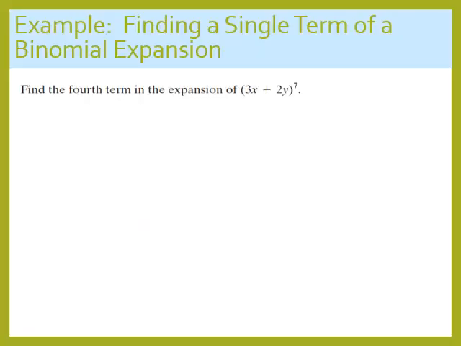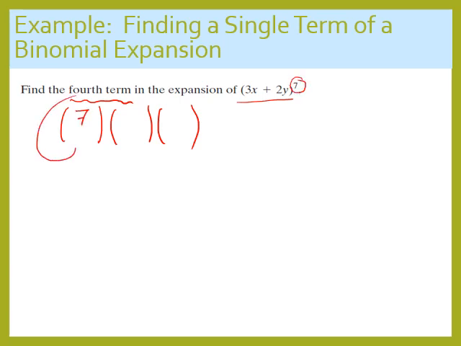Another example for finding the single term or a particular term in a binomial expansion. Find the fourth term in this expansion. So we know that the fourth term consists of 3 components. First, here is the binomial coefficient, and the binomial coefficient consists of the power and 1 less than the number of the term, so 7 with 3.